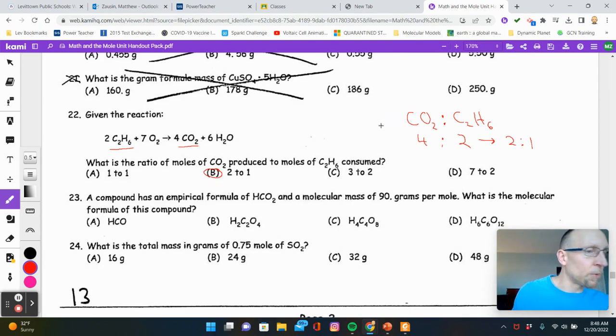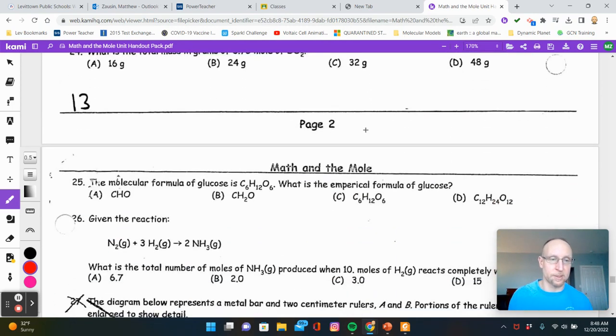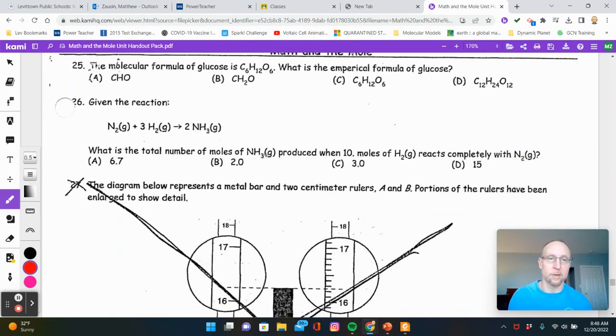And then the last one I want to do is number 26. So this is another standard stoichiometry question. So which is the total number of moles of NH3? So remember, focus in on the two things the question's asking about. So NH3 and H2. So we don't care about nitrogen here, all right?